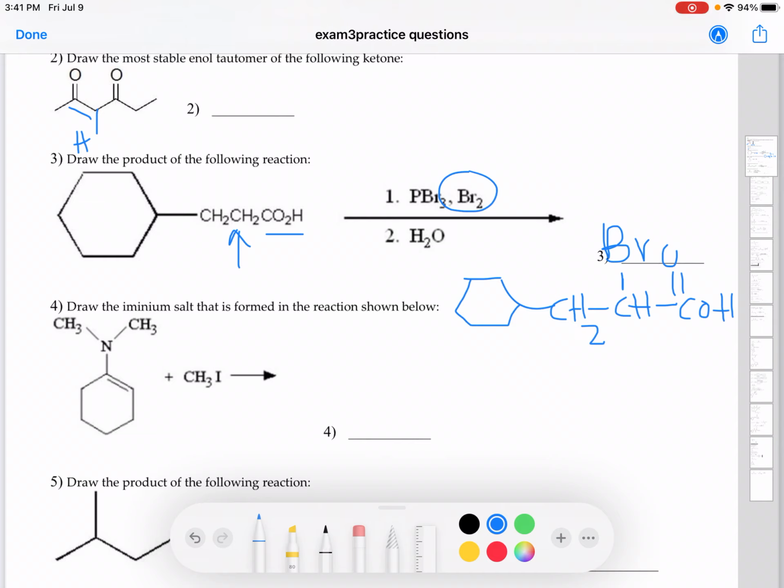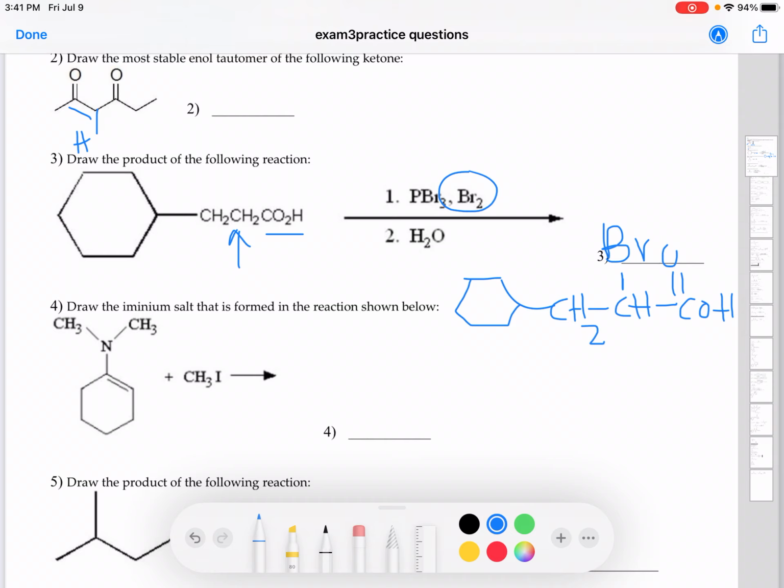And you also have the mechanism for how this happens. If you want, I can show you the slide number. Let me try that one. I think it's the HVZ reaction. Yes, the Hell-Volhard-Zelinsky reaction.